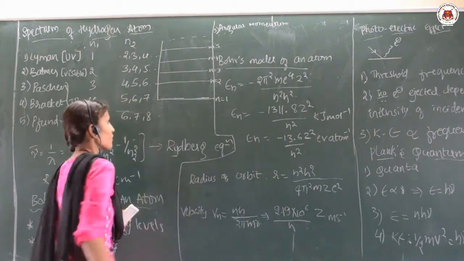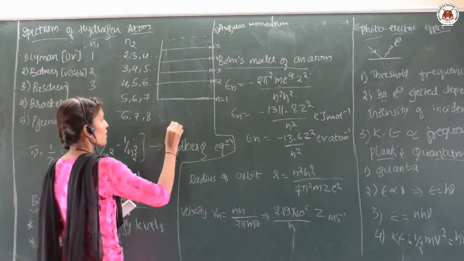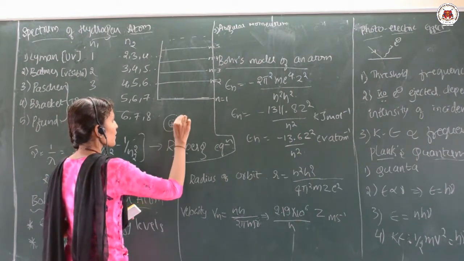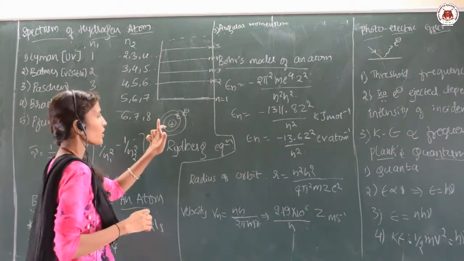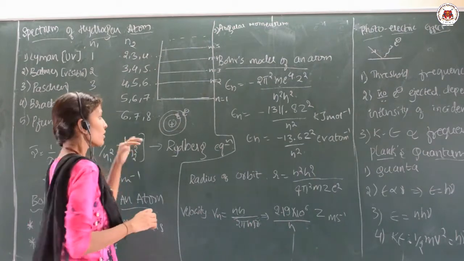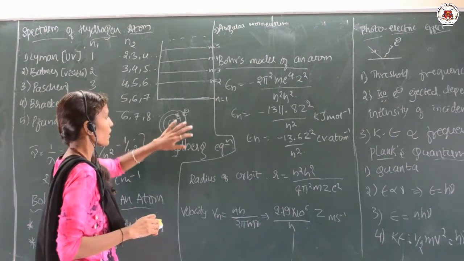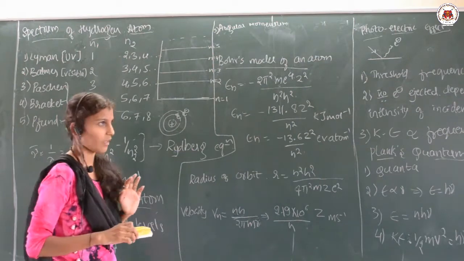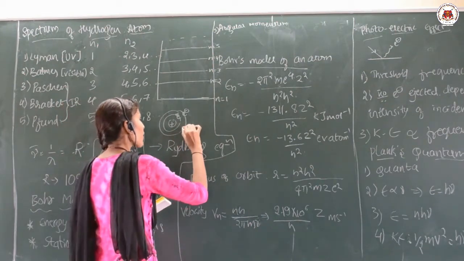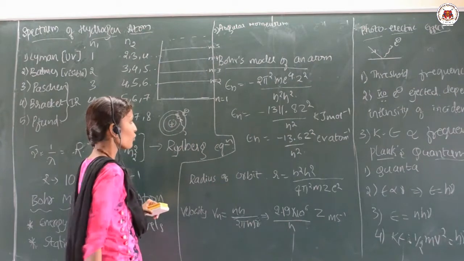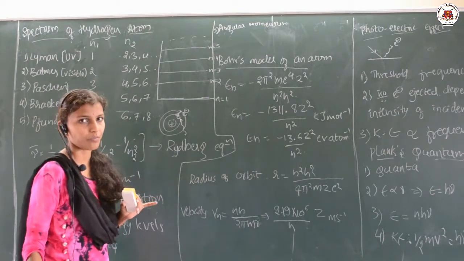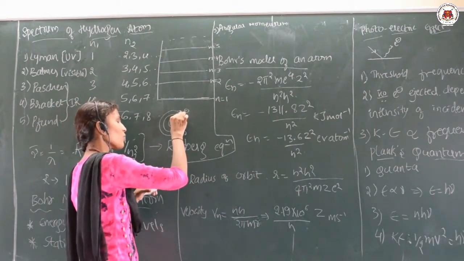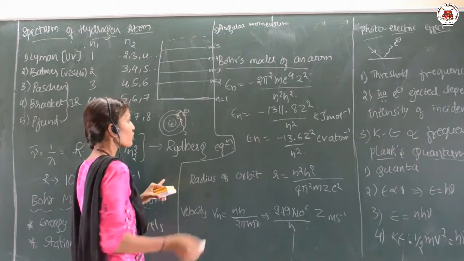In an atom the nucleus is present and electrons revolve around it in orbits. Until the electron is given energy, it will not jump from this orbit to another; that energy level is stationary. Whenever I provide some energy to this electron, it can jump from its orbit to the next orbit.